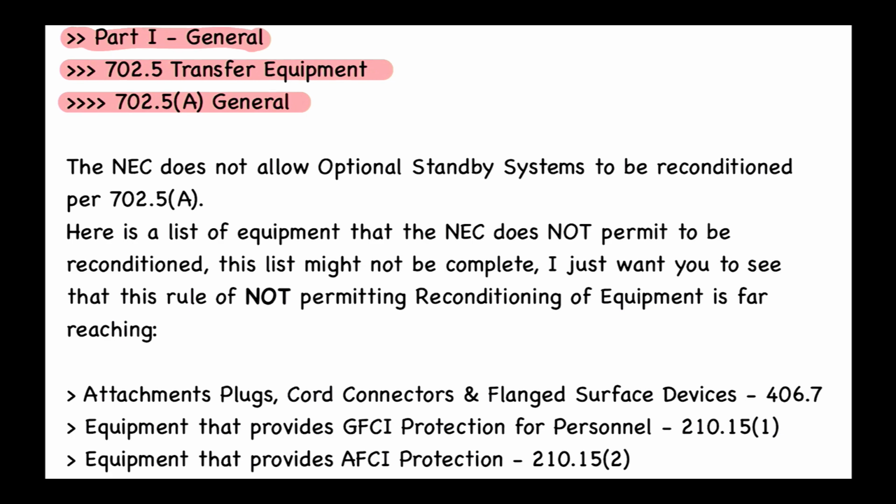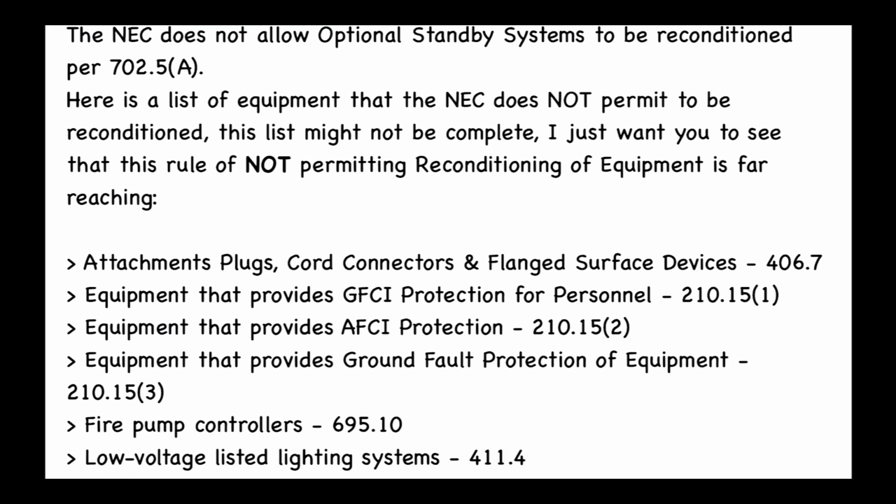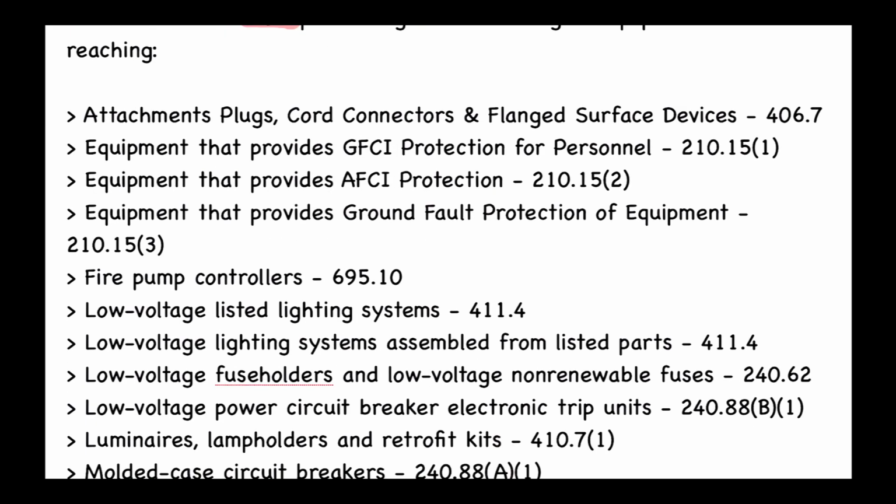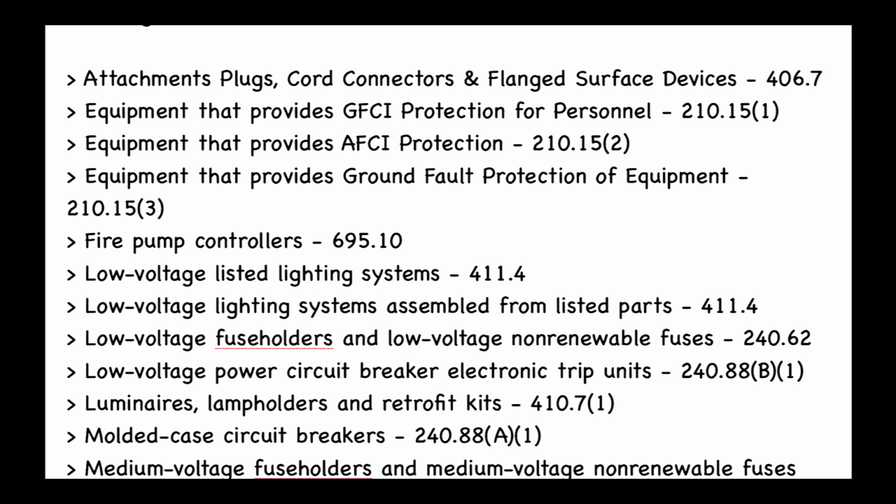So what I have here is some extra stuff in my textbook. Here is a list of equipment that the NEC does not permit to be reconditioned. This list might not be complete. I just want you to see that this rule of not permitting reconditioning of equipment is far-reaching. The first one I found was attachment plugs, cord connectors, and flange surface devices, and that's 406.7.